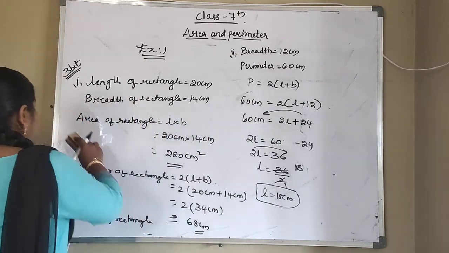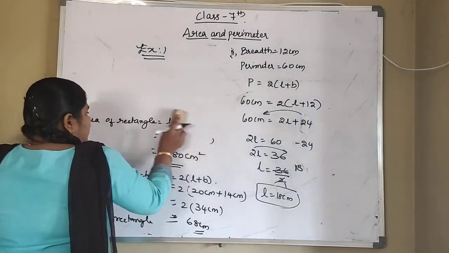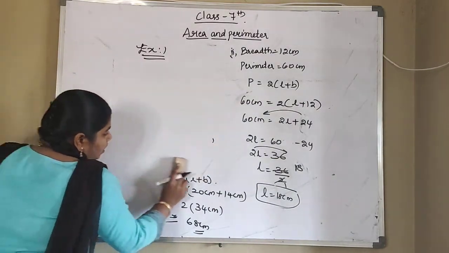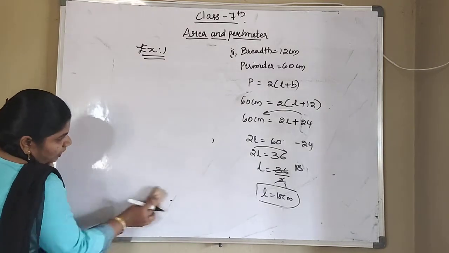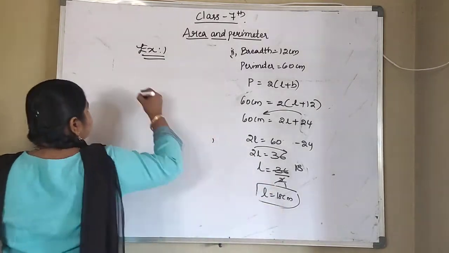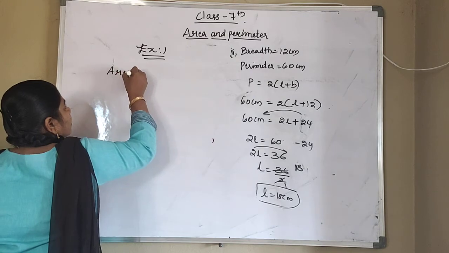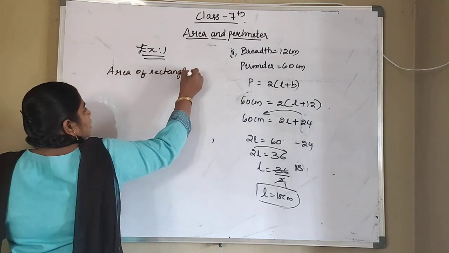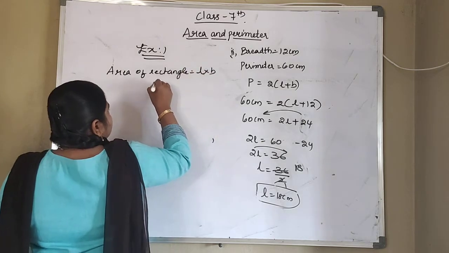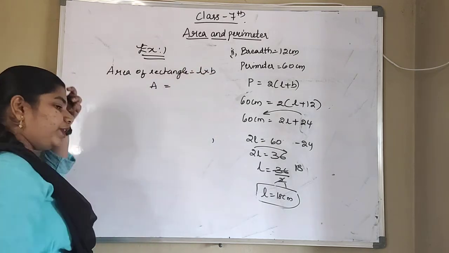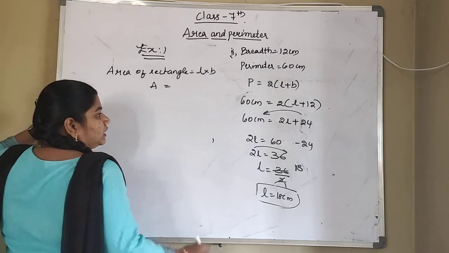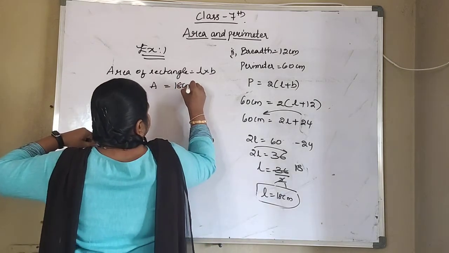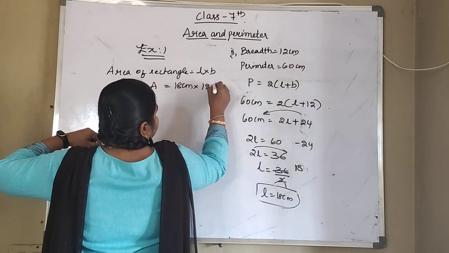Now we have to find the area. So how to find the area we will see. What is the area of a rectangle formula, that is L into B. Area of rectangle is equal to L into B. So I am representing the area of the rectangle with A, and the length value is 18 here and the breadth value is 12.